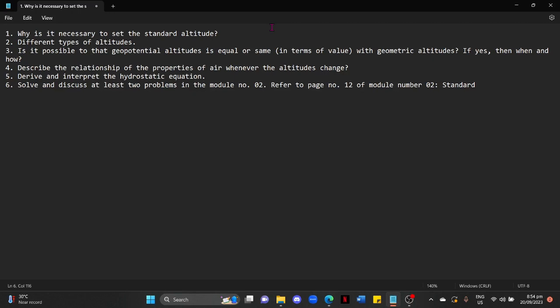So it is very necessary and vital for us to understand this standard altitude.